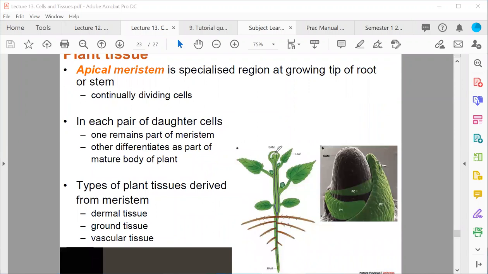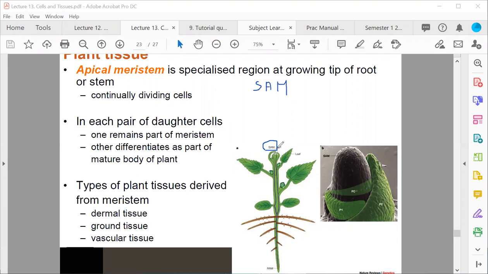All right, so at the very tip of a growing shoot, we have a specialised region of active growth called the shoot apical meristem, and that's abbreviated to SAM, the shoot apical meristem.